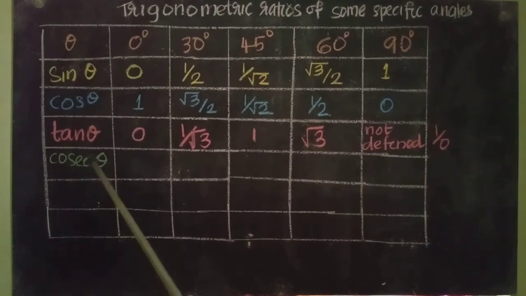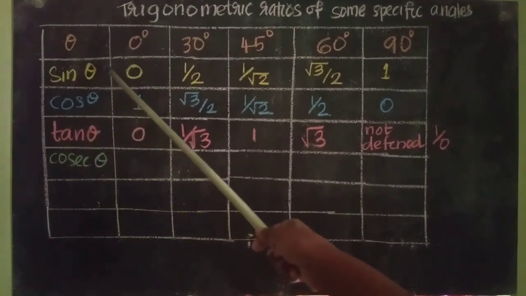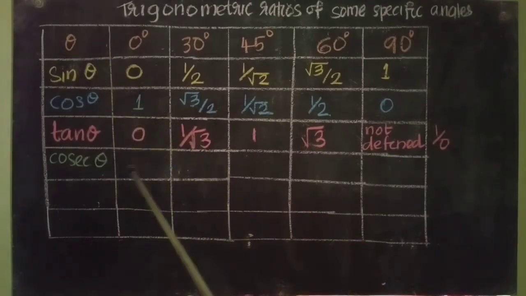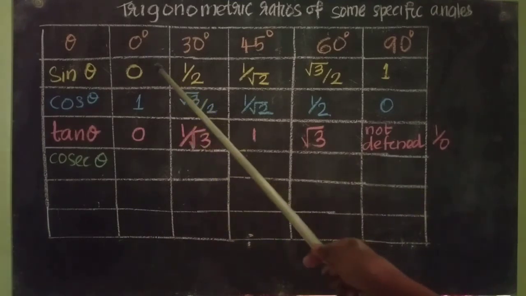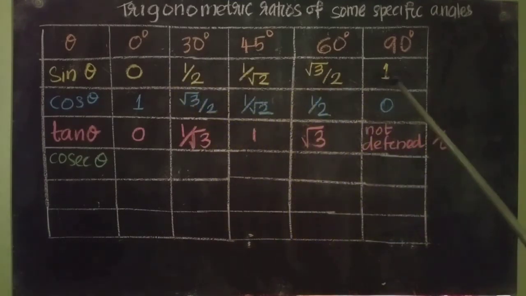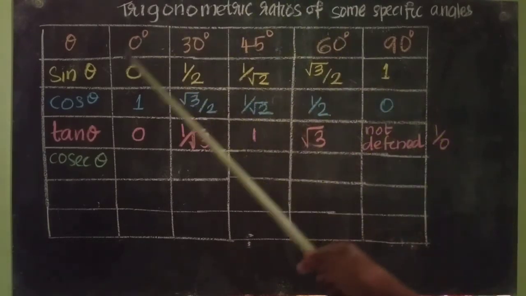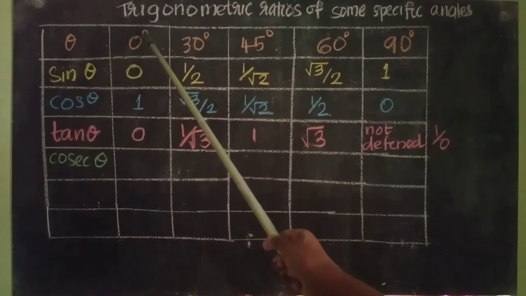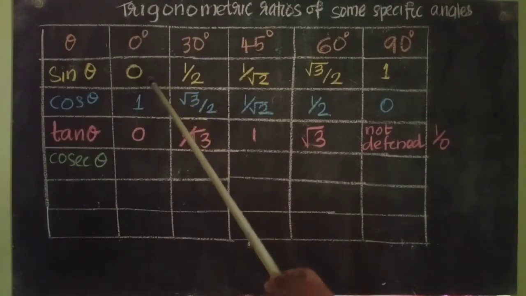Next ratio is cosec theta. We know cosec theta is the reciprocal of sin theta. So to find out the values of cosec theta, you just find out the reciprocal of sin theta. Now we can see sin 0 is 0.